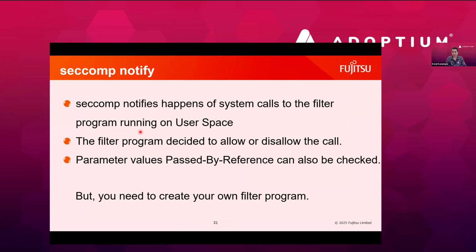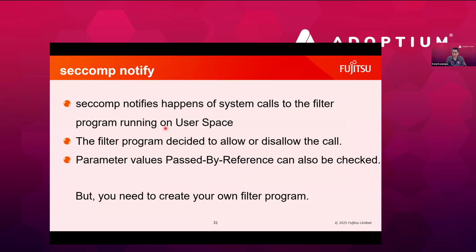Okay, next, seccomp again, but this time it is a little bit different from before. As I mentioned before, standard seccomp can't inspect arguments passed by reference, like a file name. There is an advanced feature called seccomp notify that may solve this problem.